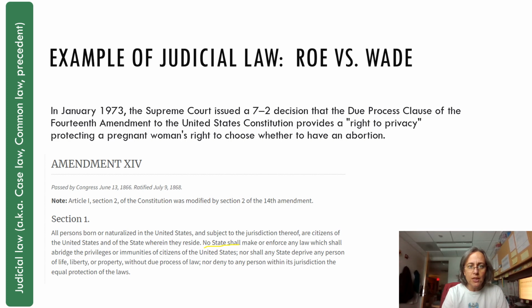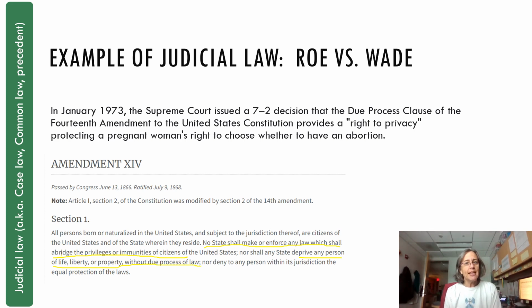So, no state shall make or enforce any law which shall abridge the privileges or immunities of citizens, right? That's basically saying they don't have any business telling what you can or cannot do. Nor shall the state deprive any person of life, liberty, or property without due process of the law.